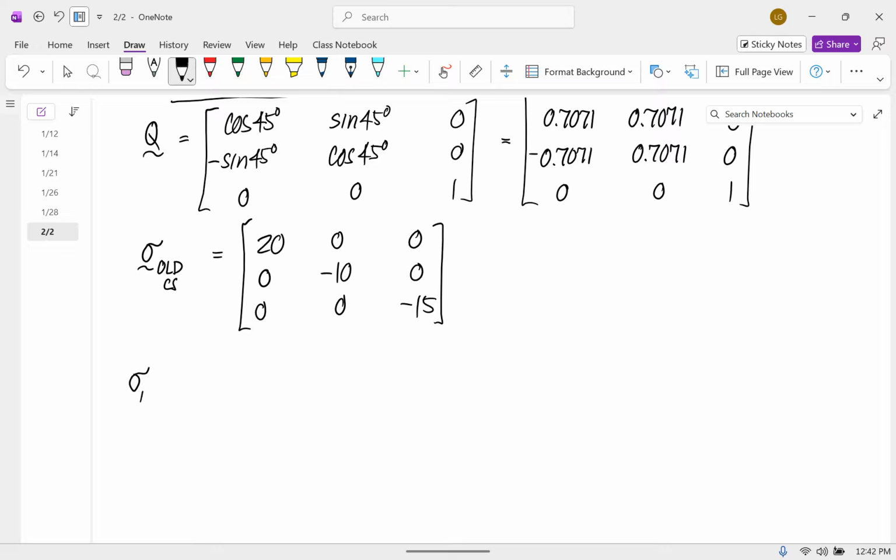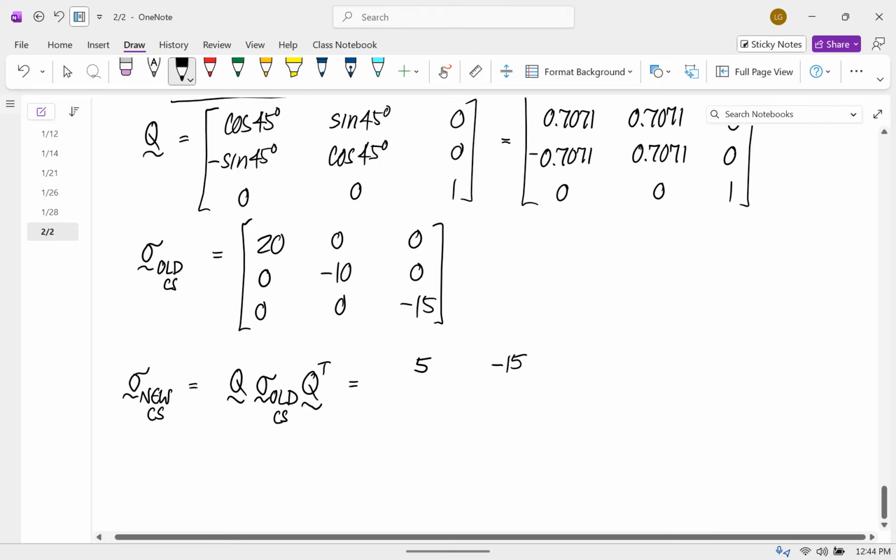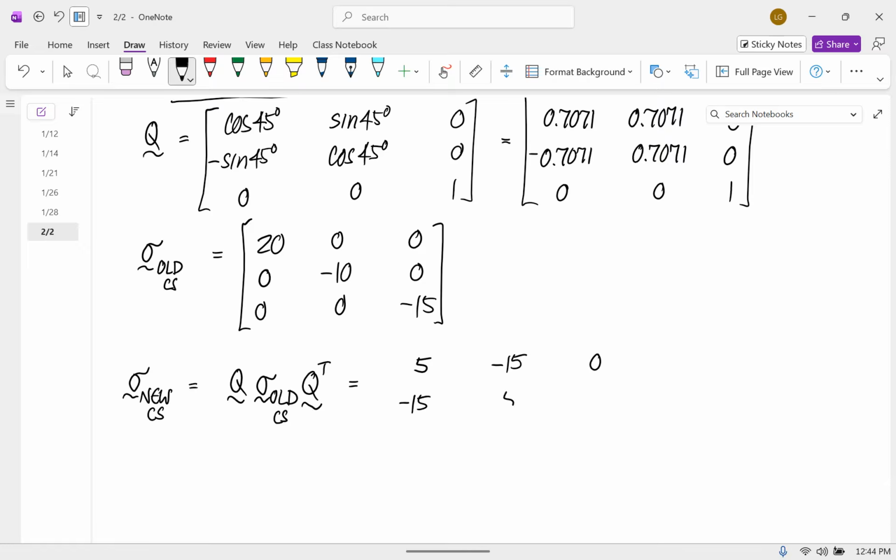So our stress tensor in the new coordinate system is equal to, I'll just write out the symbols, Q times the stress tensor in the old coordinate system times Q transpose. That gives 5, negative 15, 0, negative 15, 5, 0, 0, 0, negative 15.